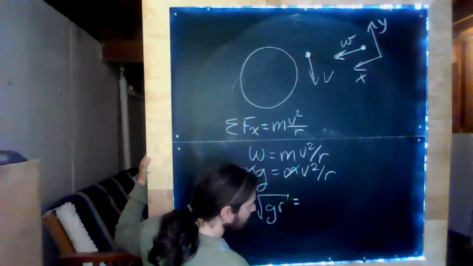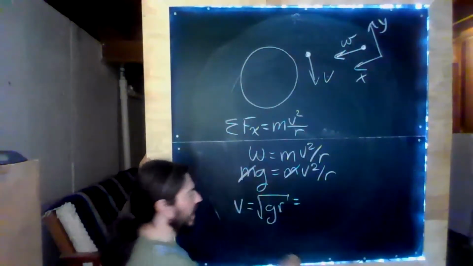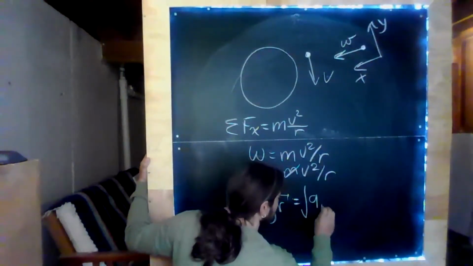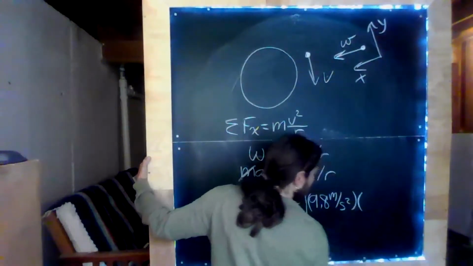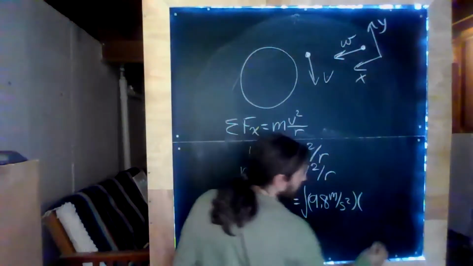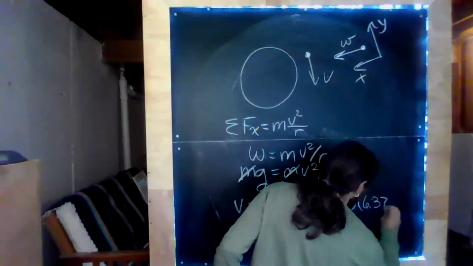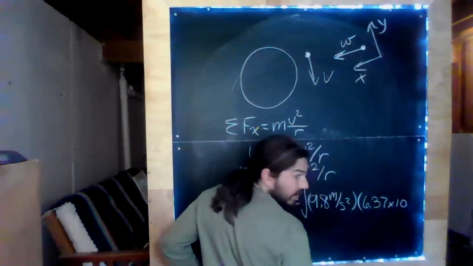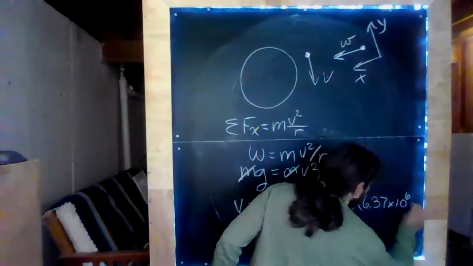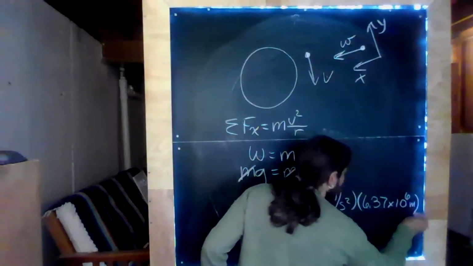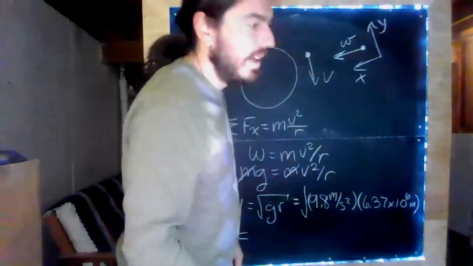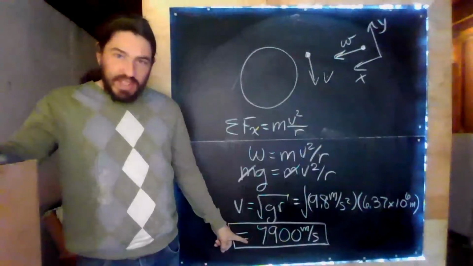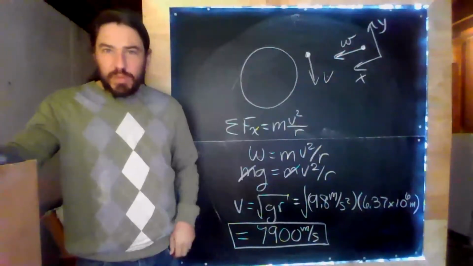Okay, well, let's just plug in our numbers and see what we get. And I've given you the radius of the Earth there, 6.37 times 10 to the 6th meters. And I run my calculator, and I get 7,900 meters per second.